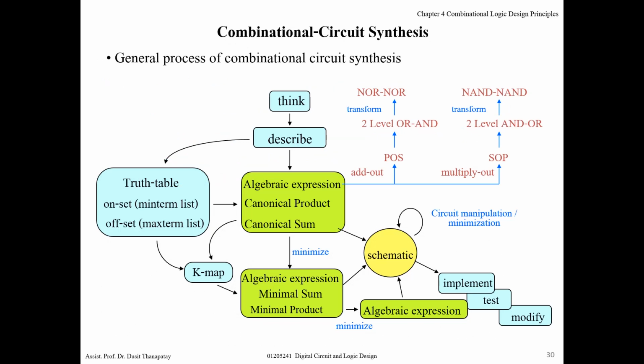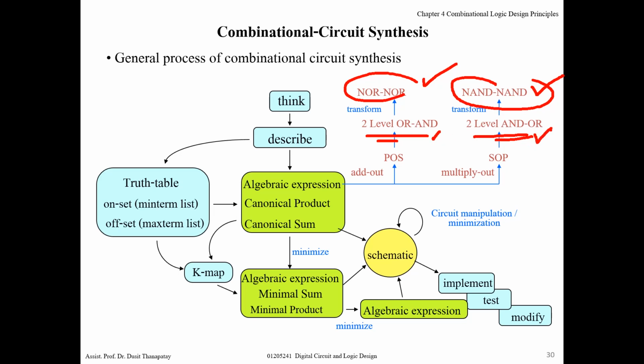And now you can synthesize, or implement the circuit in 2 level NOR or 2 level NAND, by transforming it from 2 level OR AND or 2 level AND OR first. To get this structure, you must write in product of sum or sum of product first.